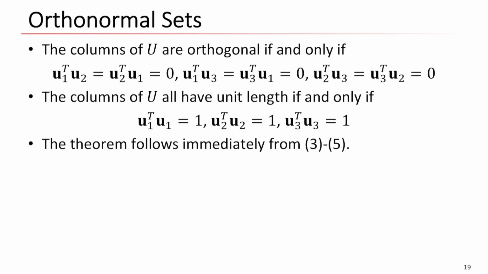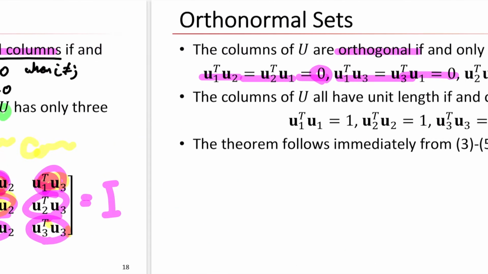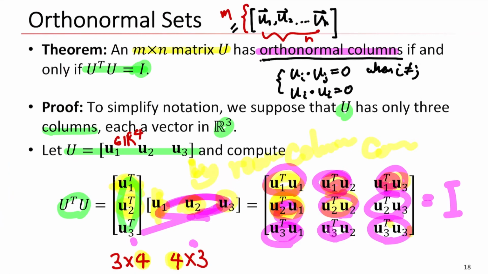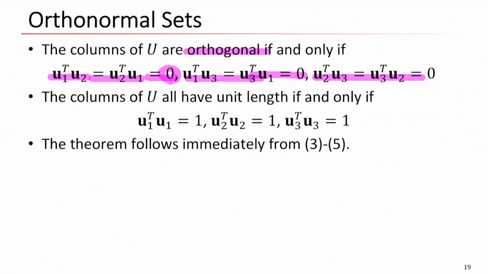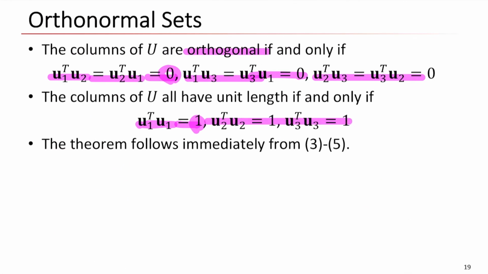So the columns of U are orthogonal if and only if U1 transpose U2 is equal to U2 transpose U1 is equal to 0 here, and U1 transpose U3 is equal to U3 transpose U1 is equal to 0 from here, and U2 transpose U3 is equal to U3 transpose U2 is equal to 0 here. And the columns of U all have unit length if and only if U1 transpose U1 is equal to 1, right?